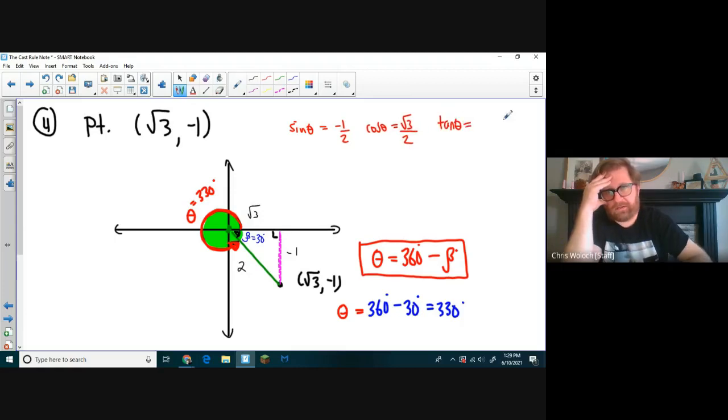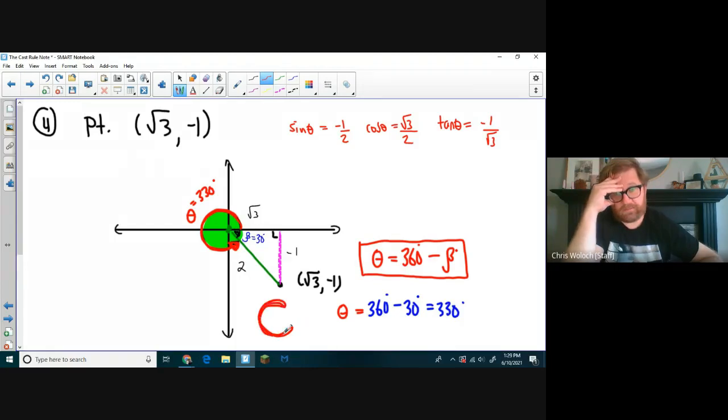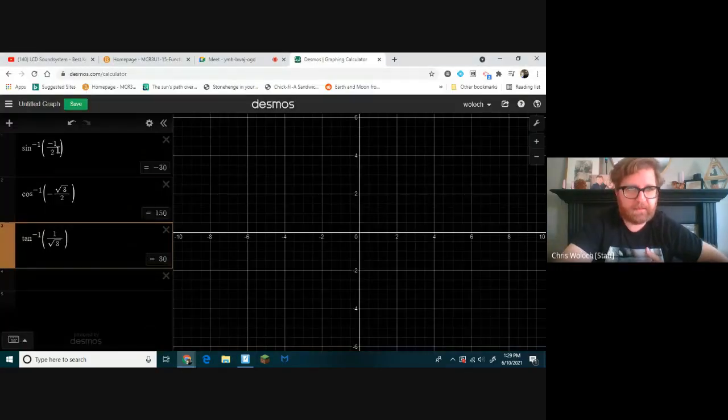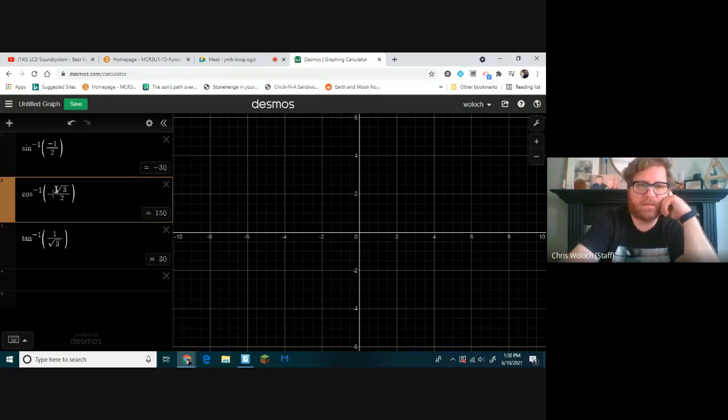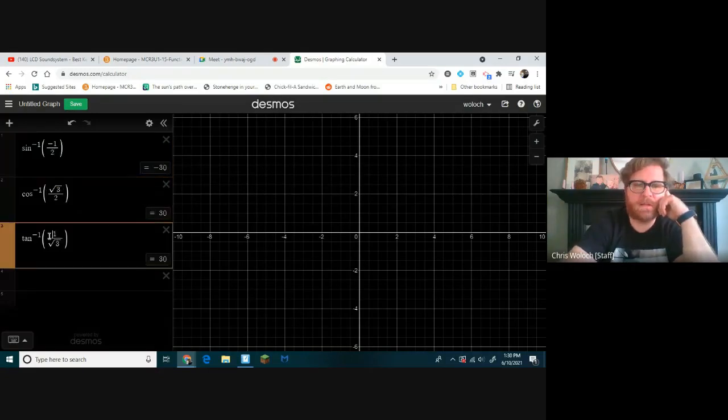And then tan is -1 over √3. Okay? So again, when we look at the ratios in this quadrant, cosine is positive. And same deal, if we go to our calculator, this is where the picture is important. Sine is negative, so cosine is positive, and tan, I think, was negative, right?